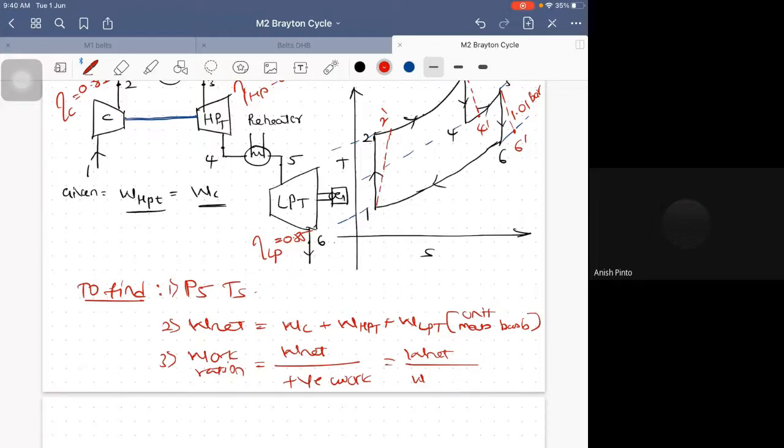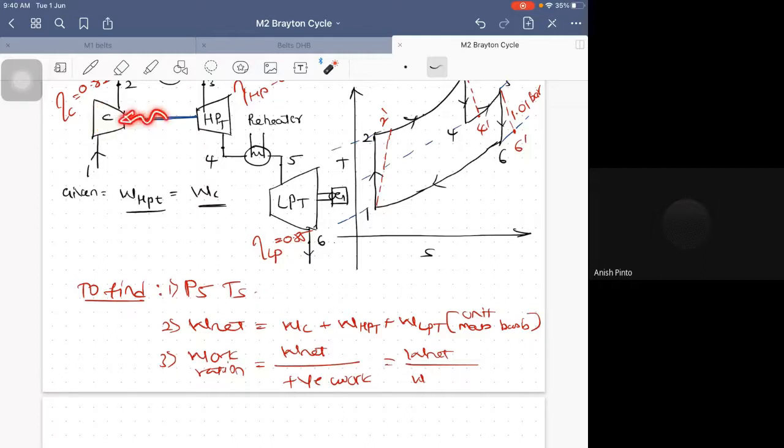For example, take a compressor: whether it is absorbing the work or whether it is giving the work. Absorbing. So it's absorbing the work.